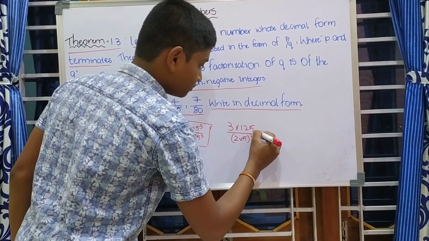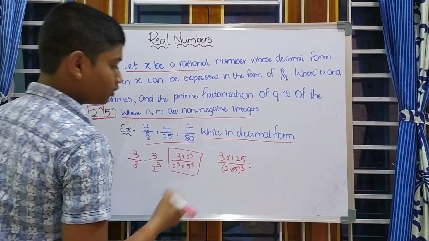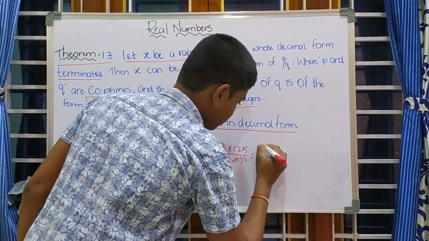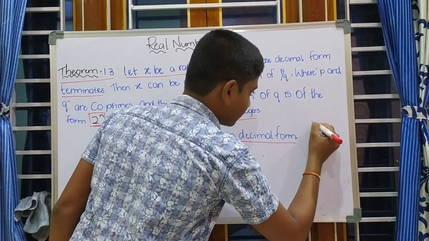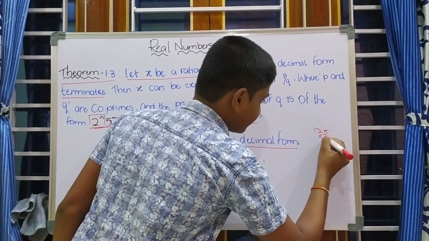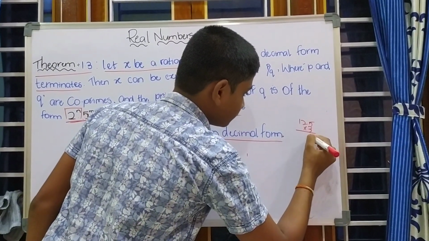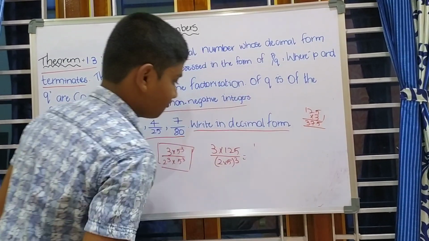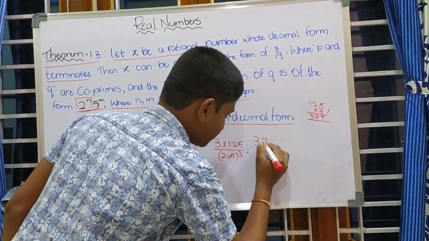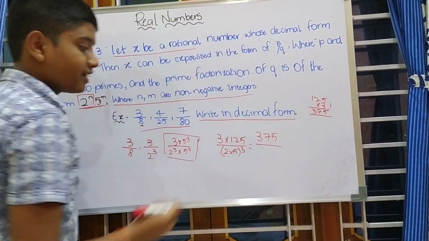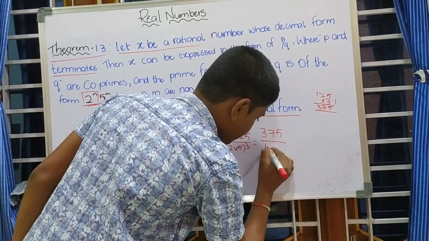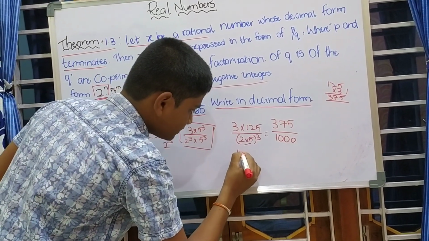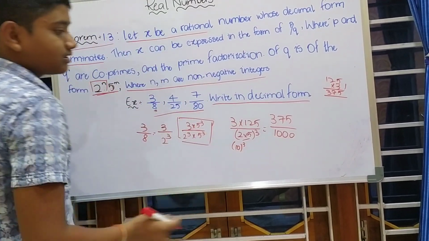That is equal to 3 into 125, which is 375, by 2 into 5 is 10, 10 whole cube is 1000. Okay, have you understood here? 2 into 5 is 10, 10 whole cube is 1000.